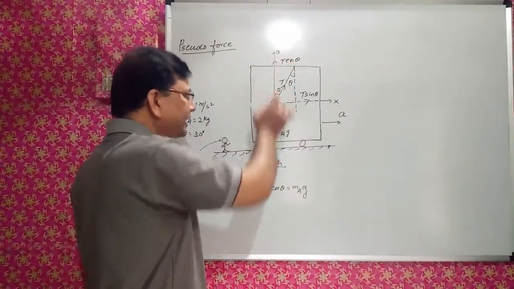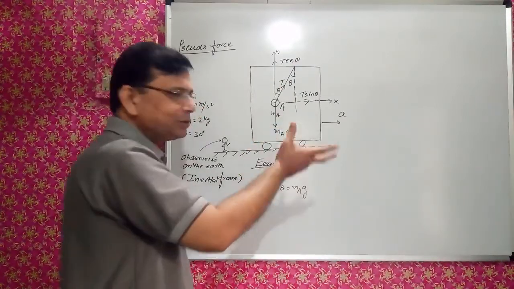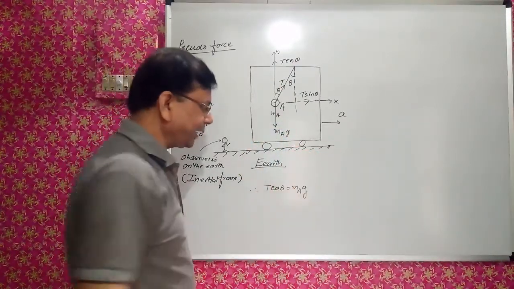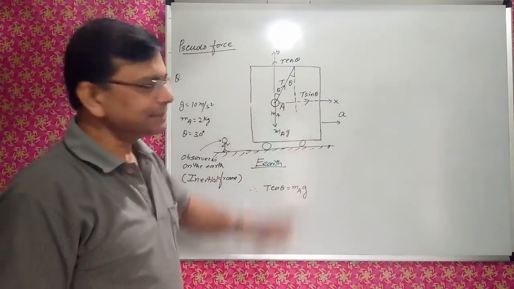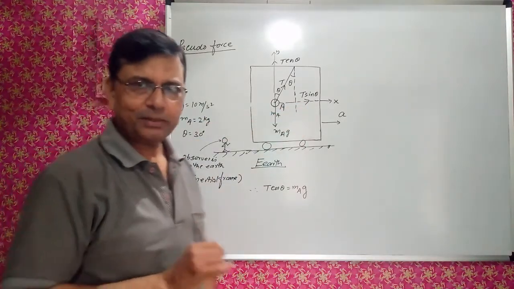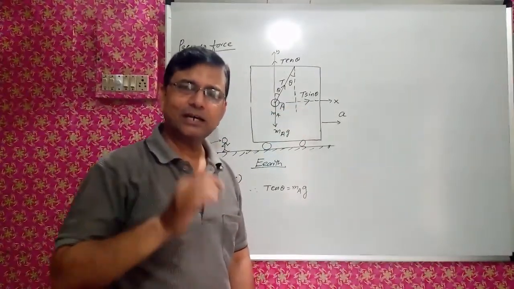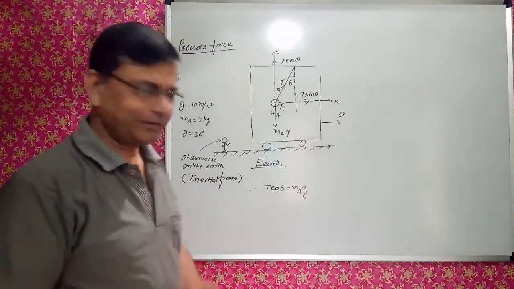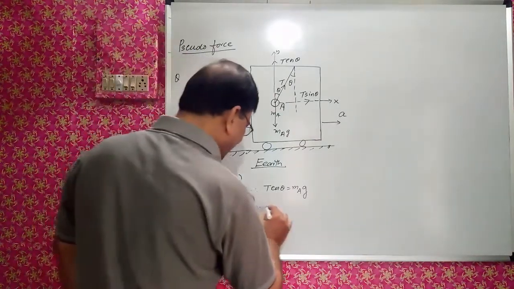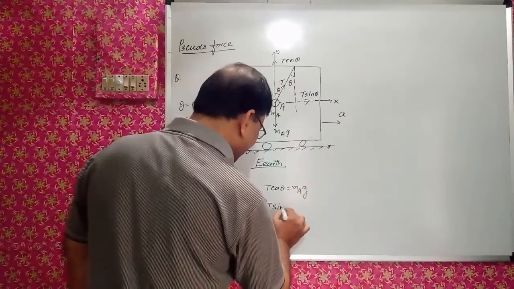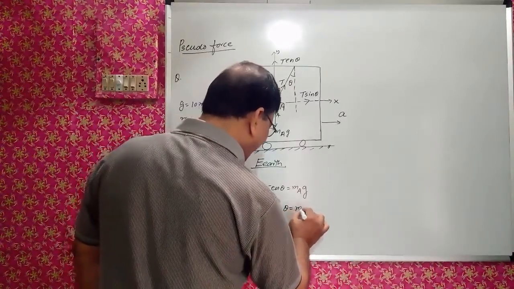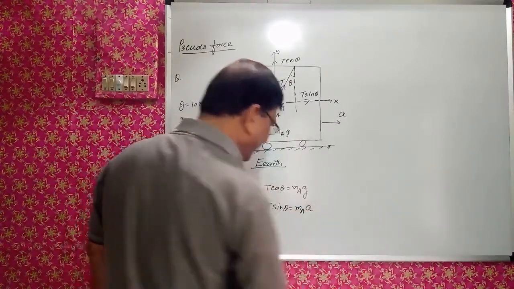This T cos theta minus mg is equal to 0, or T cos theta is equal to mg. This T sin theta is the unbalanced force, and unbalanced force causes acceleration, isn't it? Therefore we can write T sin theta is equal to m into a.